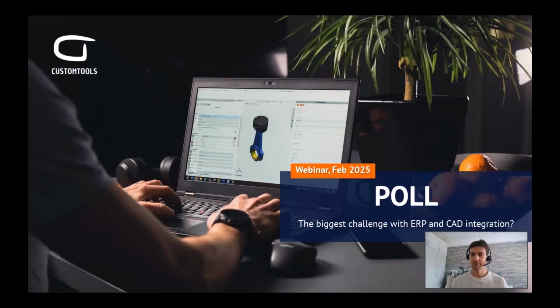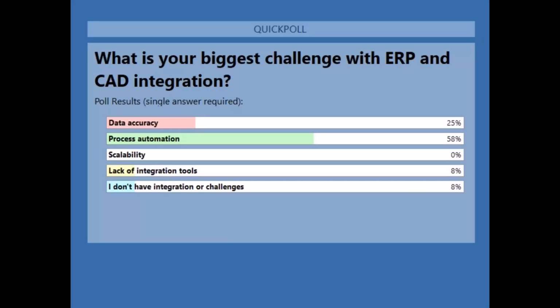Seems that we have two options that got most of the votes, and it seems that process automation is considered to be the biggest challenge, and for the second place there is data accuracy, and I agree that based on my experience, those are many times the big challenges.